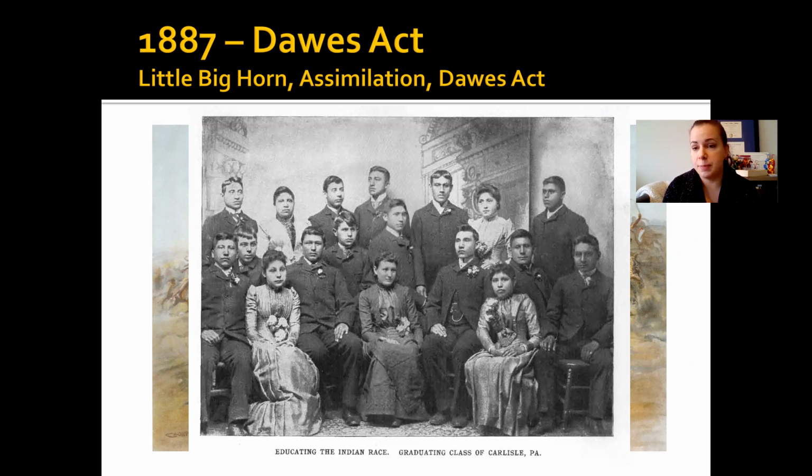If they are caught speaking their native language or practicing their native religion, they will be punished for that. So assimilation is not something that Native Americans voluntarily do. They are forced to participate in it.